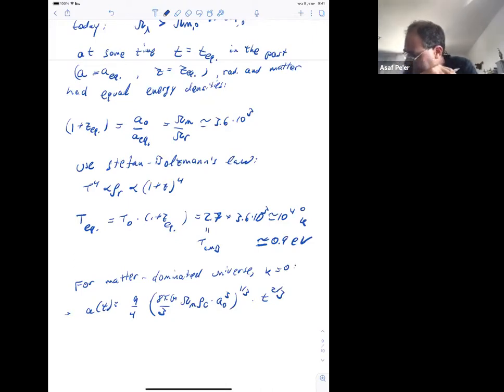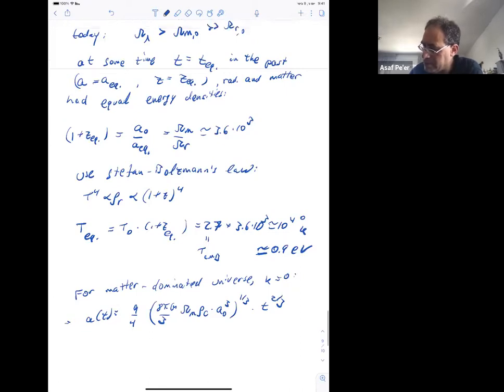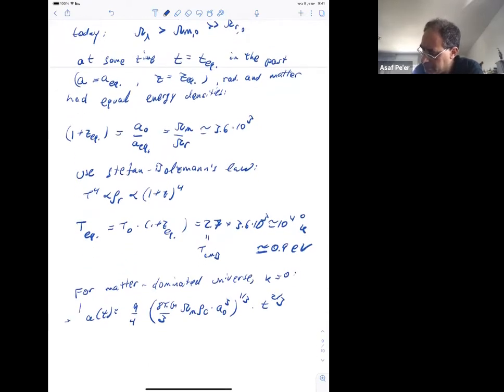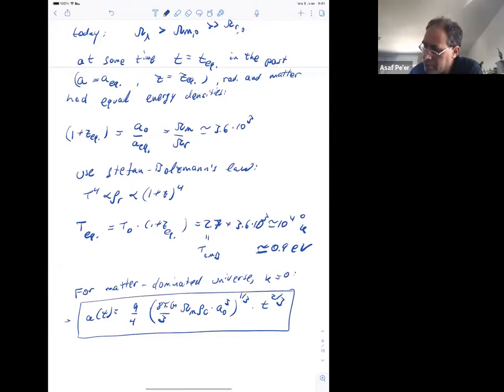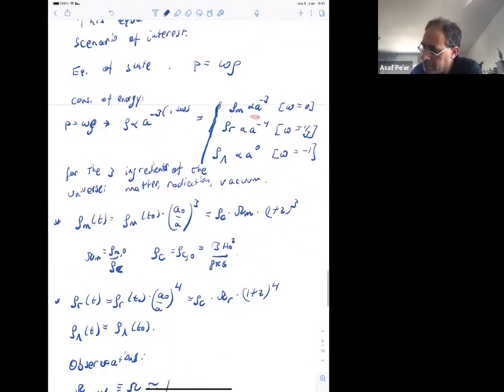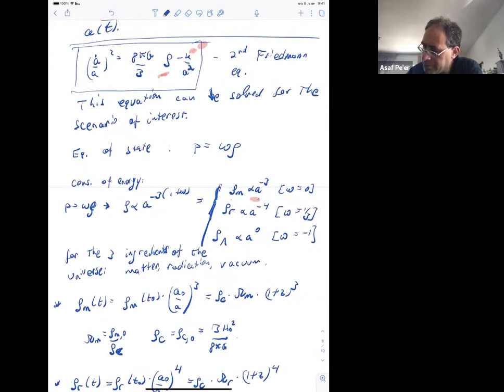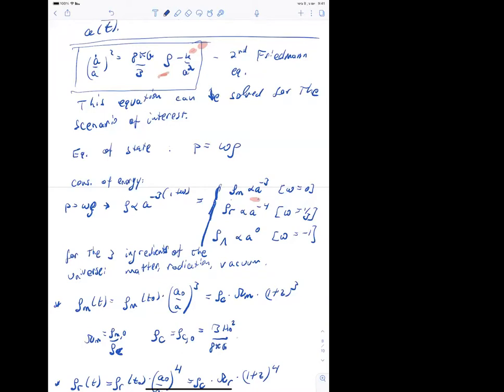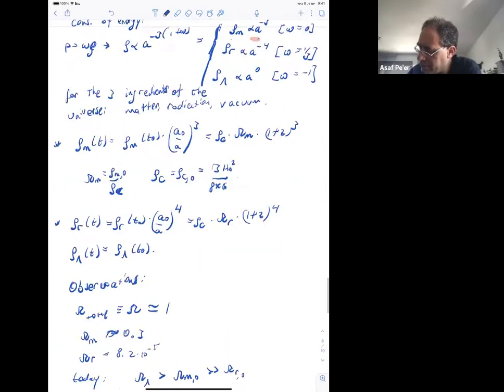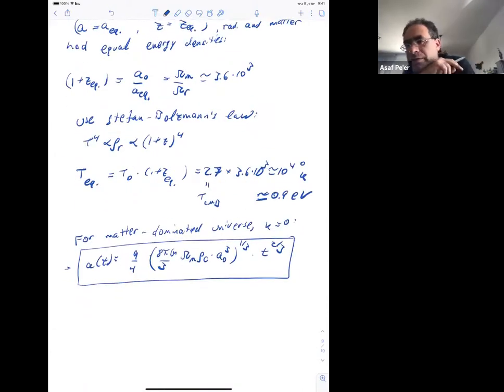It's actually pretty straightforward to see the time dependence, the 2/3 dependence, because when I put rho goes as a to the minus 3, I'd have a dot squared goes as a squared divided by a cubed, to be a to the minus 1, so a dot goes as a to the minus 1/2. So da/dt goes as a to the minus 1/2, that immediately tells me that it should go as t to the 2/3. Right? Because a dot would go as t to the minus 1/3, so it's a to the minus 1/2.